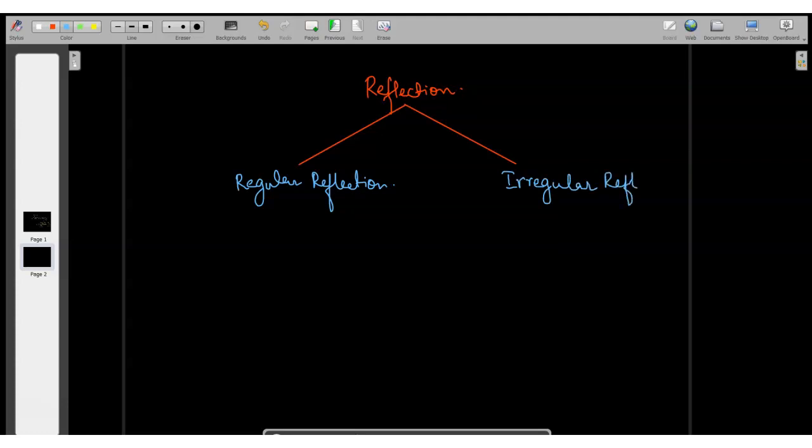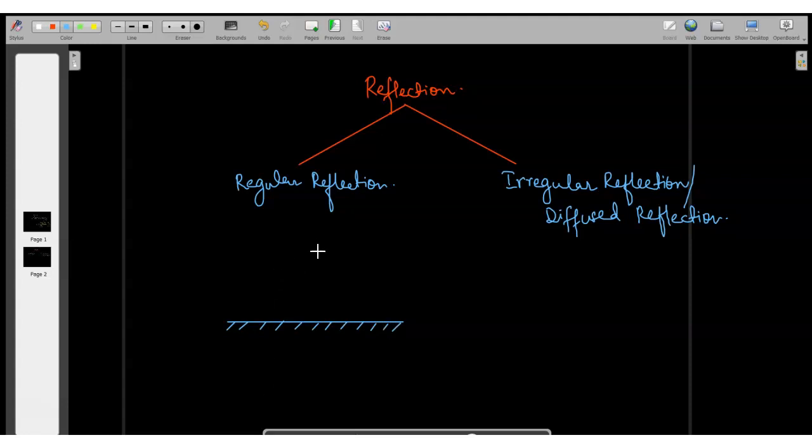It is also known as diffused reflection. Okay, so let us see how does a regular reflection or an irregular reflection occurs. So for regular reflection, we will take a mirror. It's a smooth, highly polished surface. So we'll draw it like that.